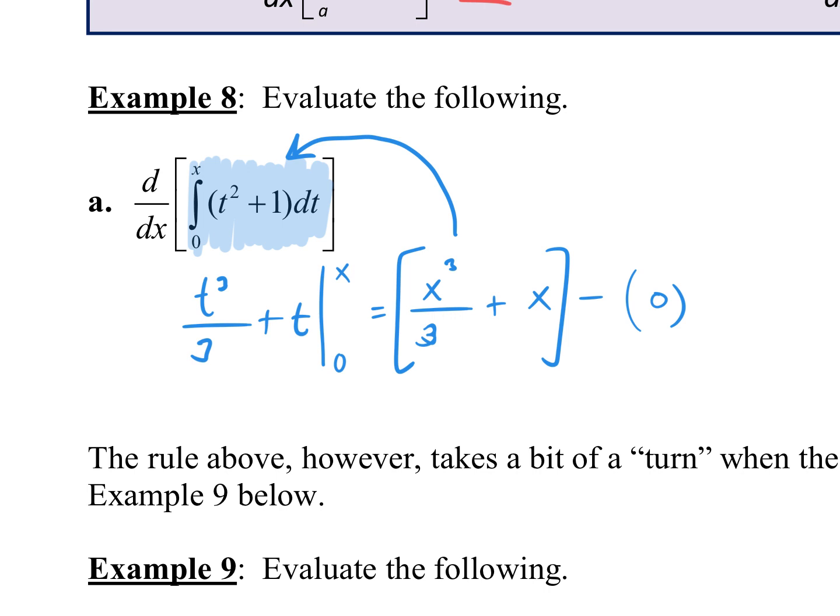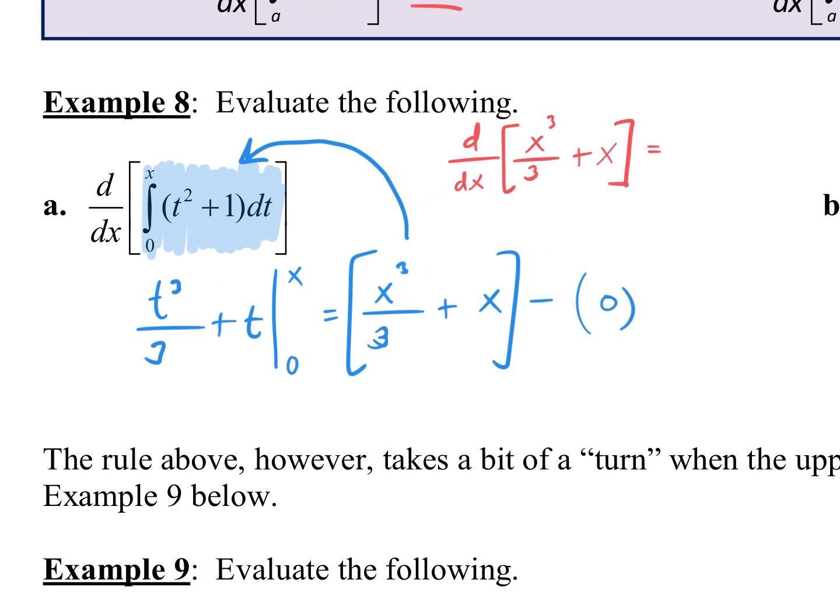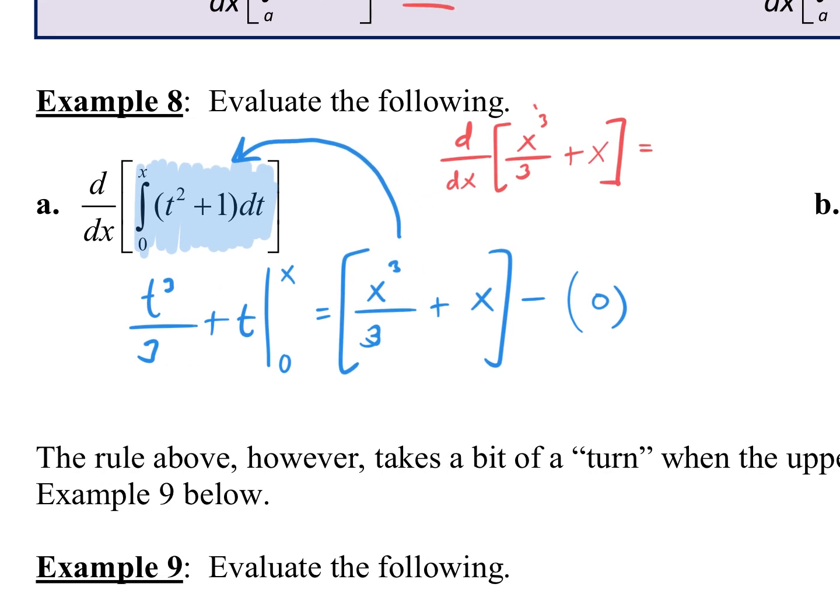So now if I took the derivative of what I just wrote, the d/dx of x cubed divided by 3 plus x, I'm going to end up with this 3 moving down in front.